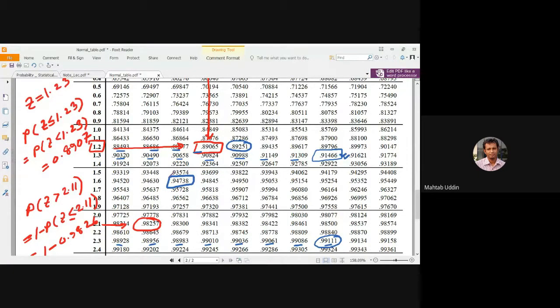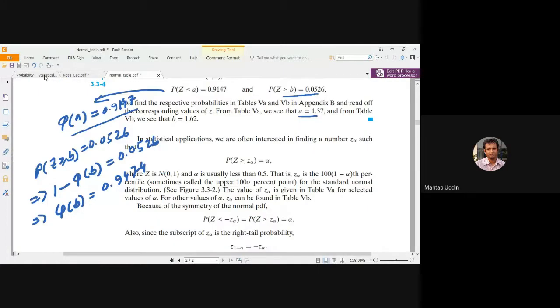Do you agree? Yes, sir. So what is the position for this? 1.62. Very good. One point six two. 1.62, right?